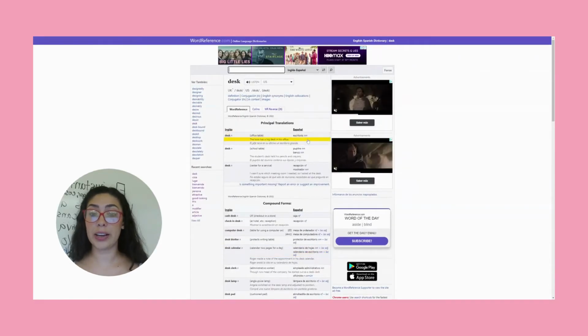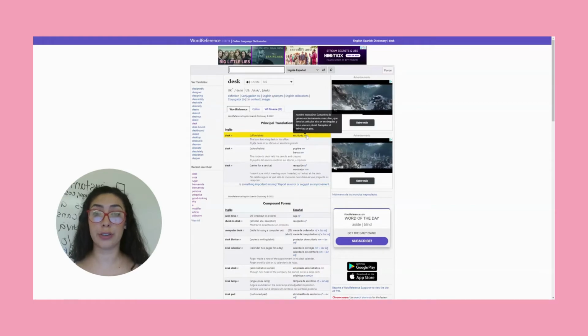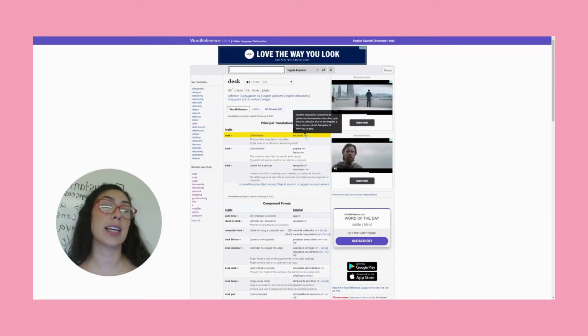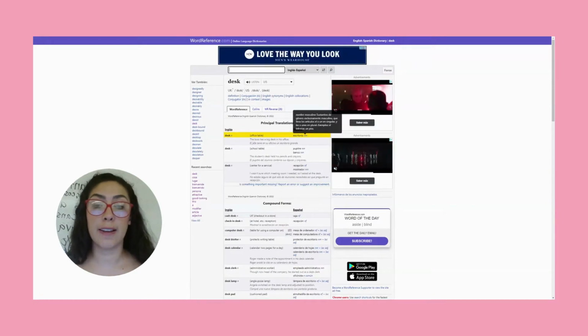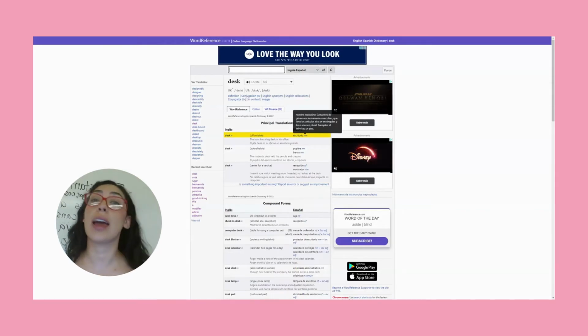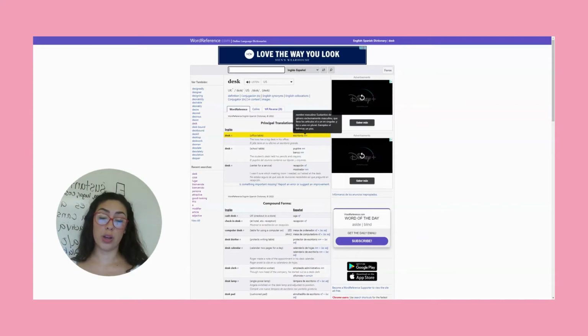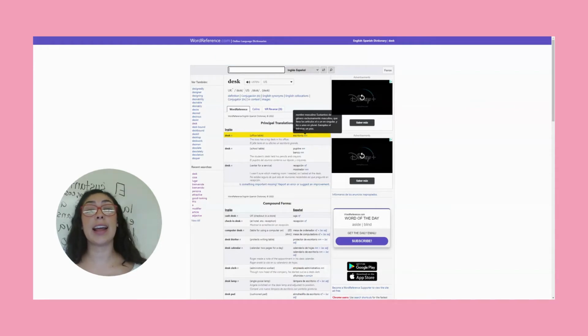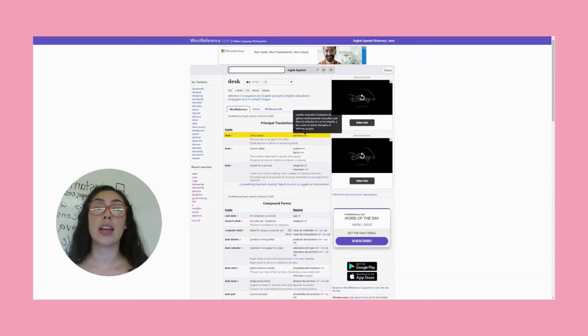So desk, escritorio. If I want to say the desk is big, I know now by seeing here that escritorio is a masculine noun, so the sentence is going to start with el. The article of my sentence has to be in gender agreement with the noun, so it's going to be el. El escritorio es grande.